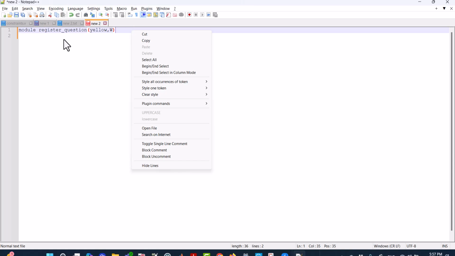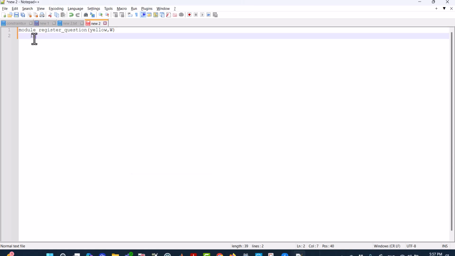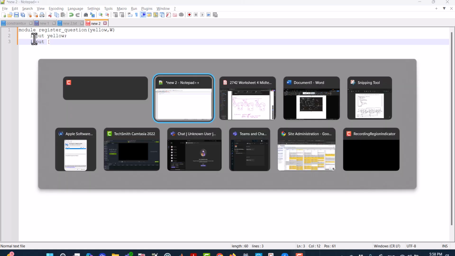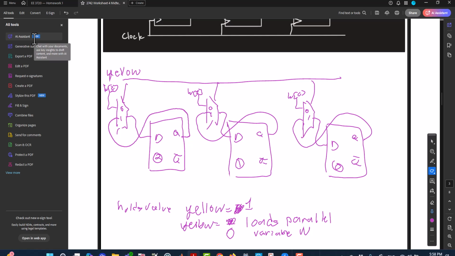So I'll have input yellow, input, 2 colon, is it 2? How many bits was it? It's 3 bits. 0, 1, 2.